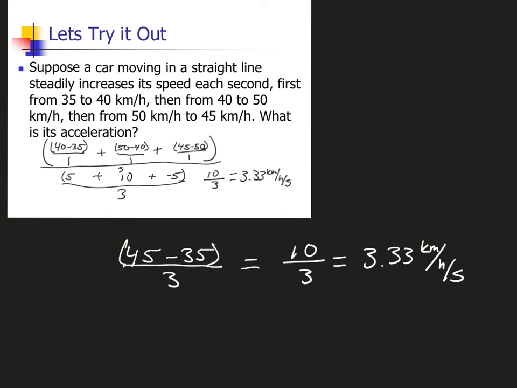So what this shows is that sometimes there's more than one way to do a problem. Both of them are correct here, but that doesn't always mean that that's going to be the case all the time.